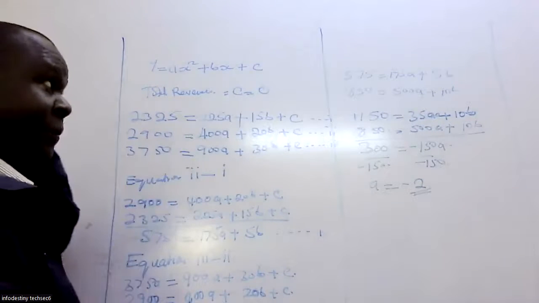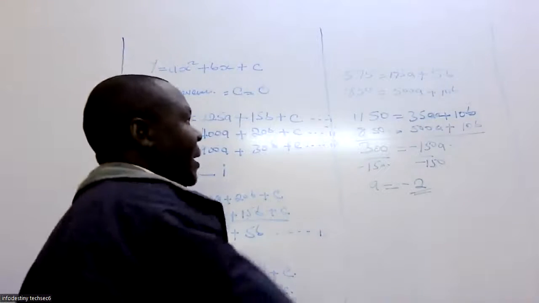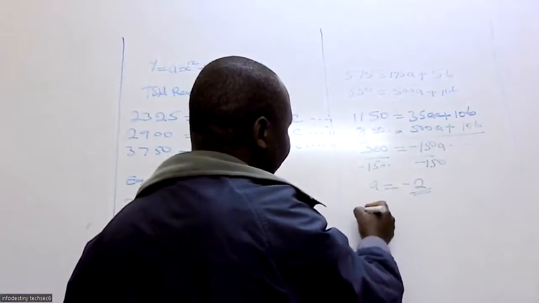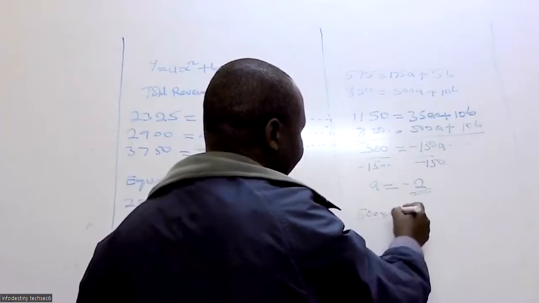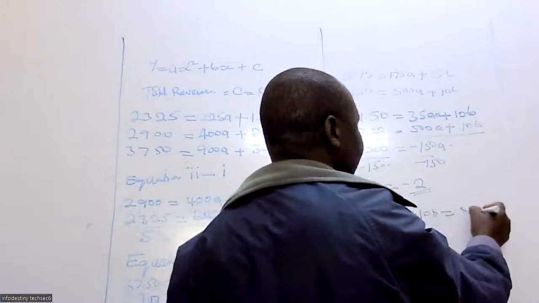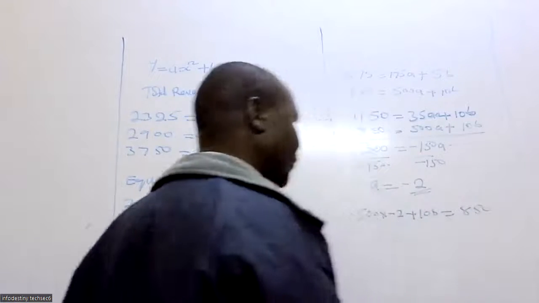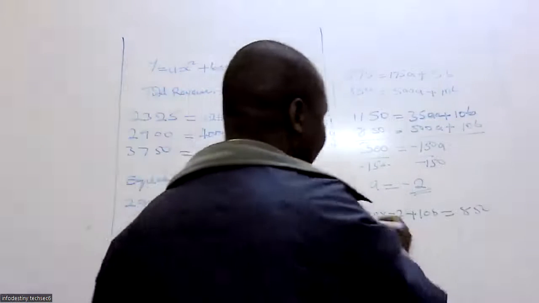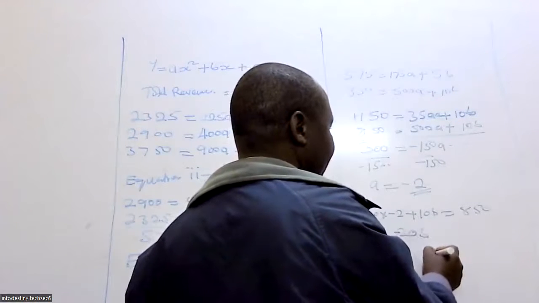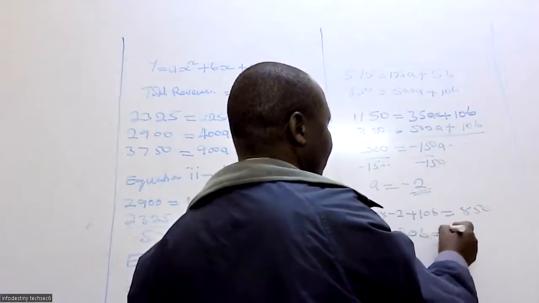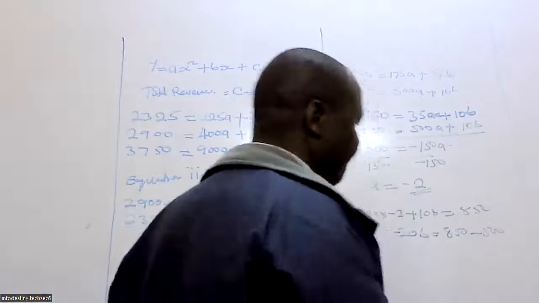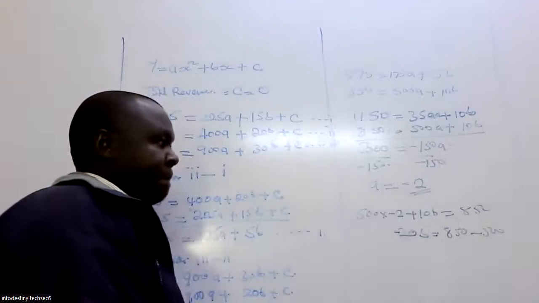We are using that one. So we come here. Let's take this one by saying 500 times negative 2 plus 10B equals to 850. Get together. So this one, the other side, so this is going to be negative 1,000 plus 10B equals to 850.